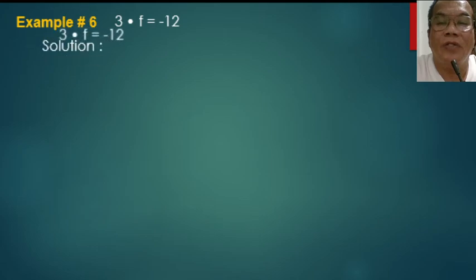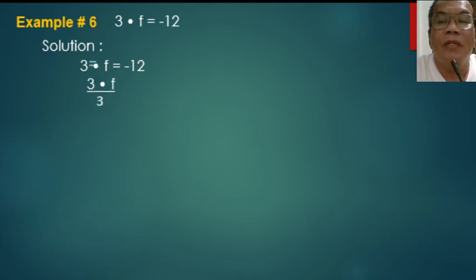Okay, sample number 6. So 3 times f is equal to negative 12. So we have to divide both sides by 3. That is the division property of equality.